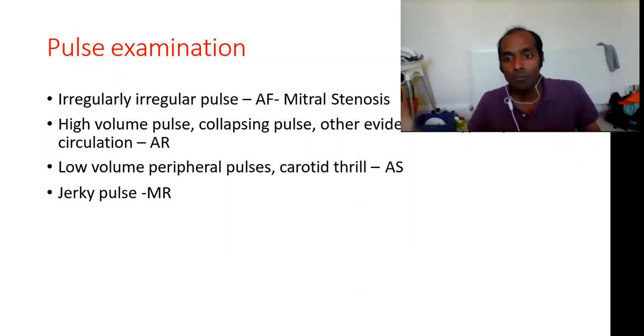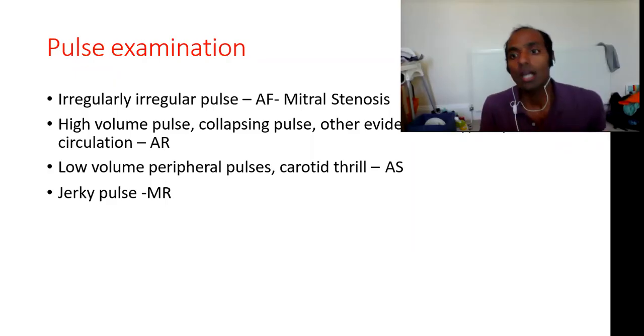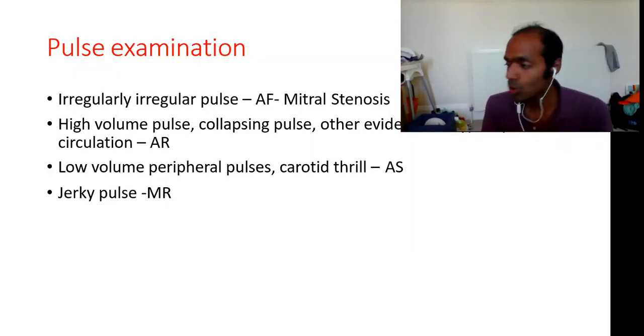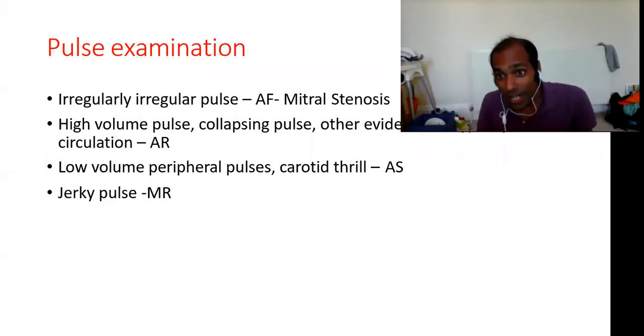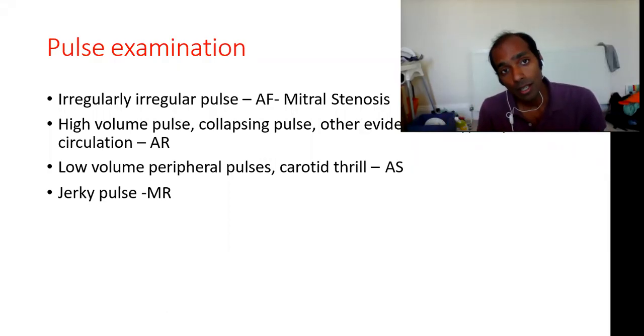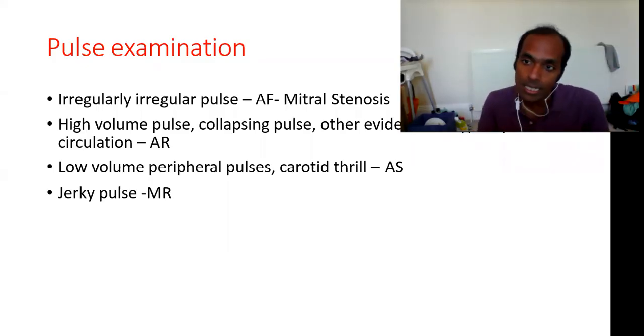So very simple. From the pulse itself, we have diagnosed several conditions now. If you find an irregular pulse, the diagnosis is clear, mitral stenosis. If you find a very high volume, hyperdynamic pulse, wide pulse pressure, collapsing pulse, all of these signs, you know it's aortic regurgitation. Because blood is gushing out into the aorta and gushing back in because of the regurgitation.